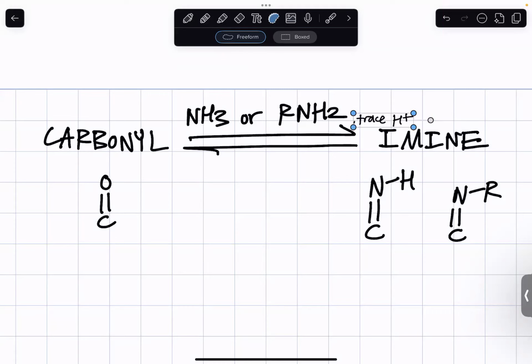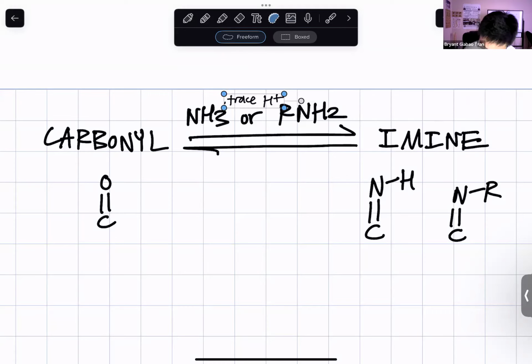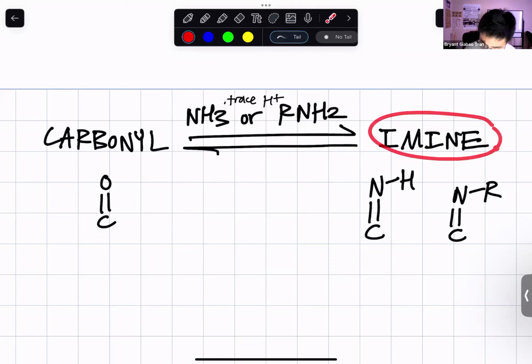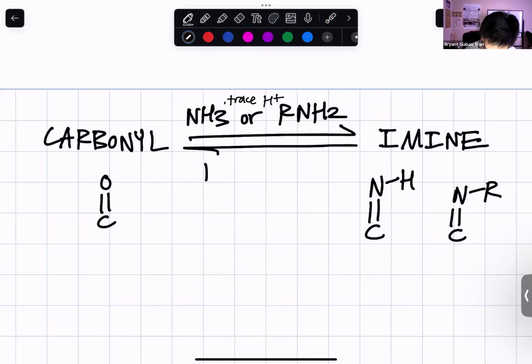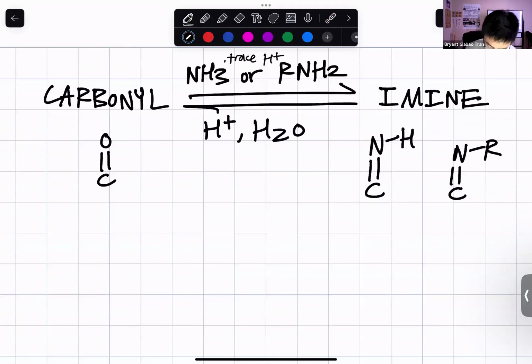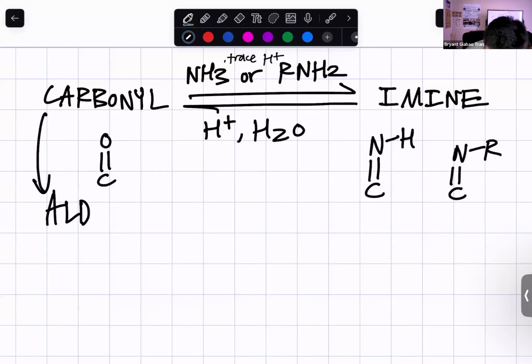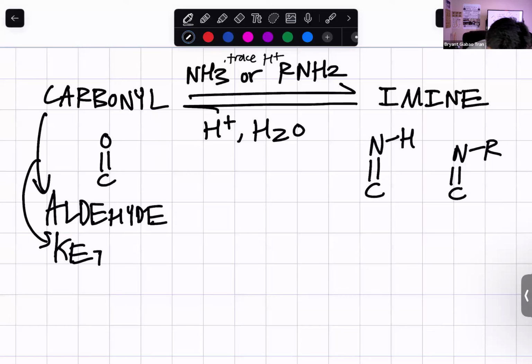To convert the imine back into the carbonyl, we need some sort of acid and water. The acid could be in the form of H3O+, HCl, or H2SO4. Your carbonyl could be an aldehyde or a ketone.